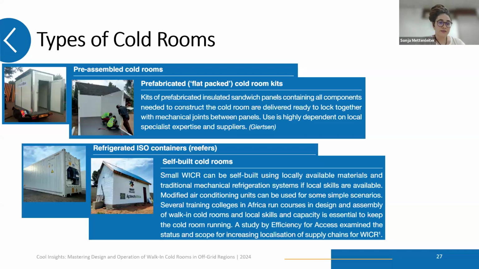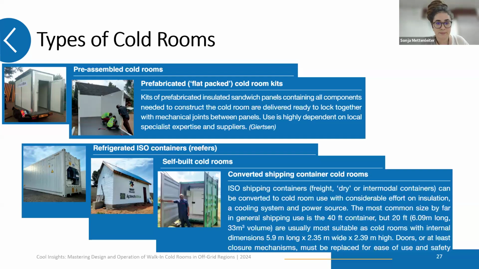However, often the insulation properties of those rooms are not as good as those of either the pre-assembled, prefabricated rooms, or those reefer containers. Next one, please. Then we have converted shipping containers. Those are standard shipping containers without insulation that are then retrofitted to become cold rooms.